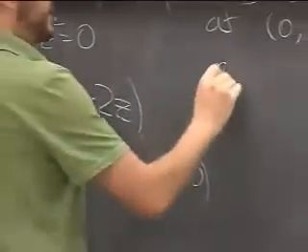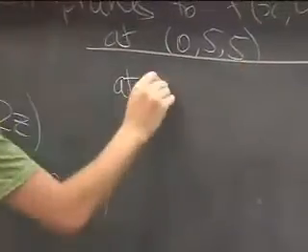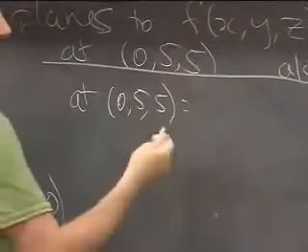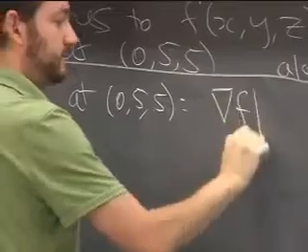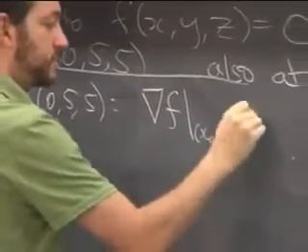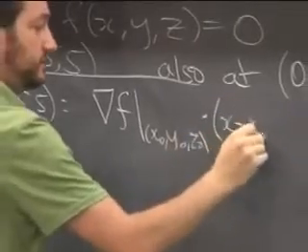So this means at (0, 5, 5), I'll use the sophisticated formula. I'll just write it out once for yokes.